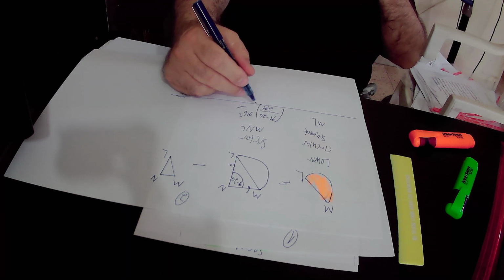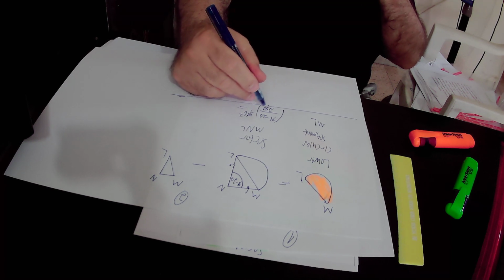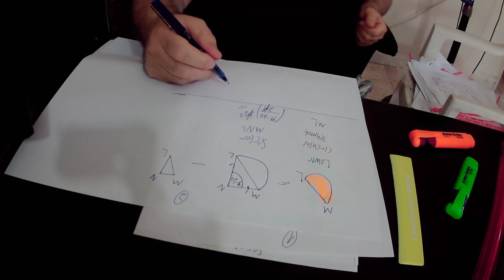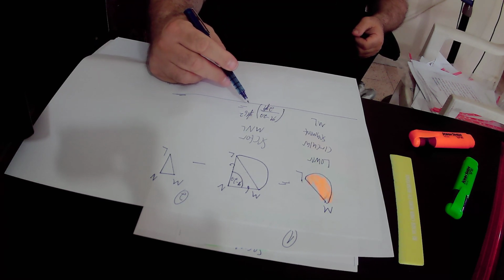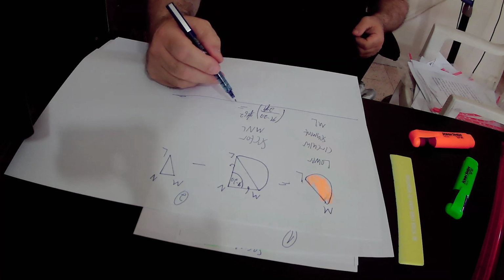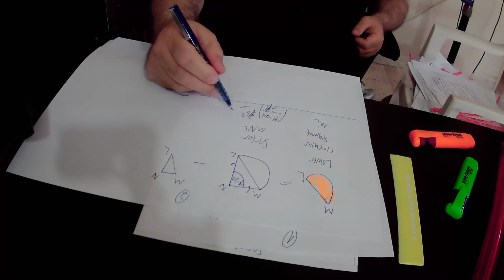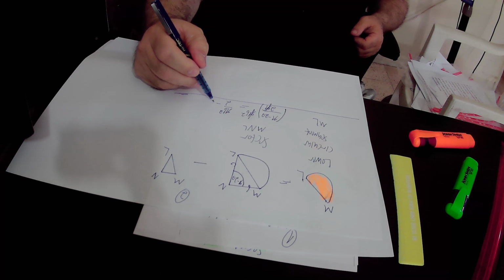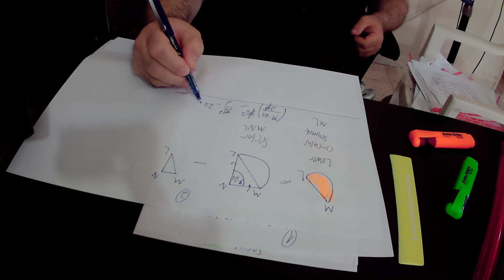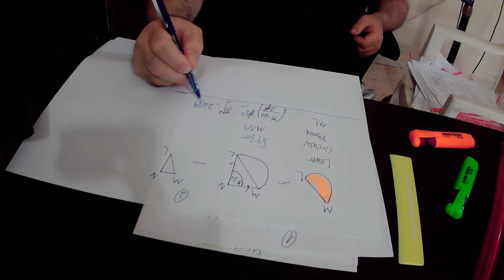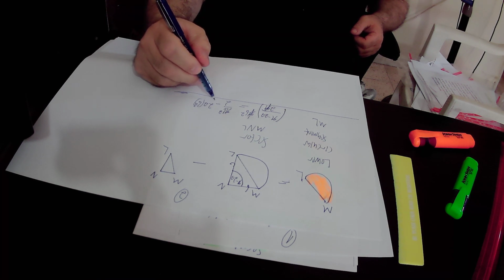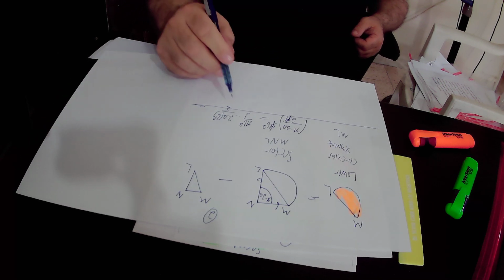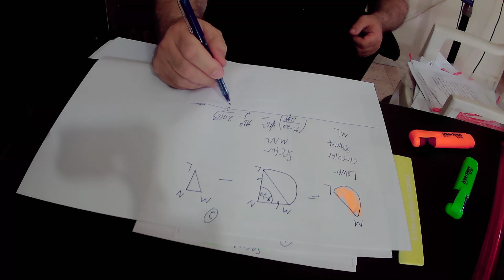Here we have pi in the numerator and pi in the denominator, so pi will get cancelled. We'll open the brackets here and we get pi times b squared over 2 minus 2 theta times b squared over 2. We have 2 in the numerator and 2 in the denominator, so 2 will get cancelled.